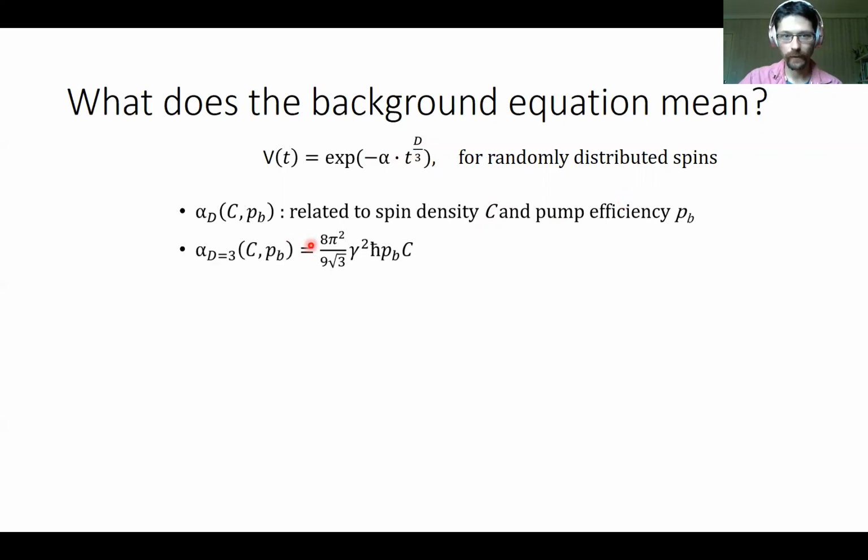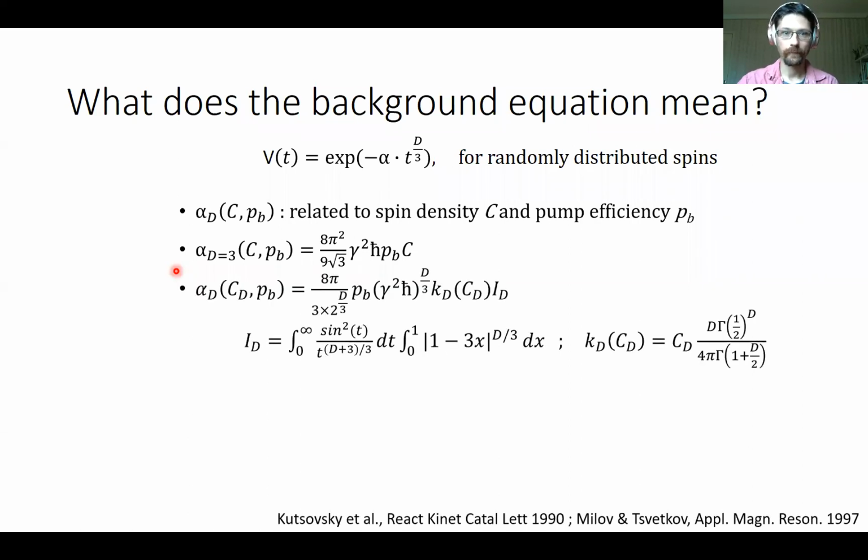Now, if d equals 3, and I will come back to what it means, you have pretty simple analytical equations where I think what you have to remember is that the concentration is proportional to alpha. If now you have any d, you have a slightly more complicated equation here, but what you should remember again is that you're still proportional to your concentration, and that's pretty important.